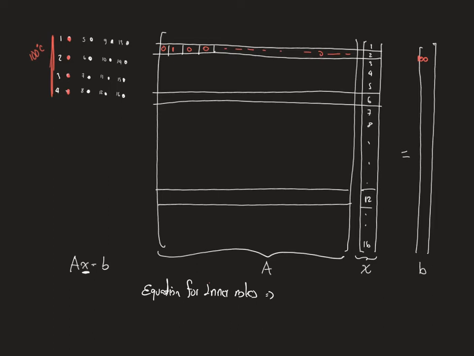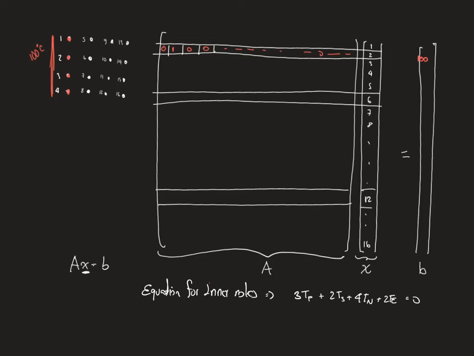You just have, for example, 3 TP plus 2 T south plus, maybe, 4 T north plus 2 T east equals 0.